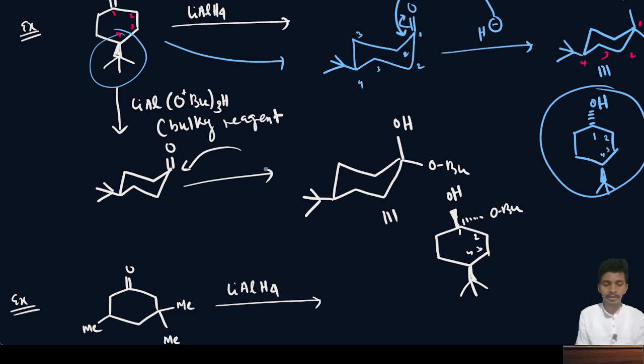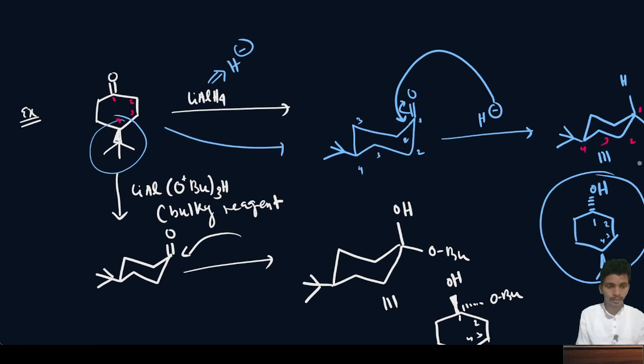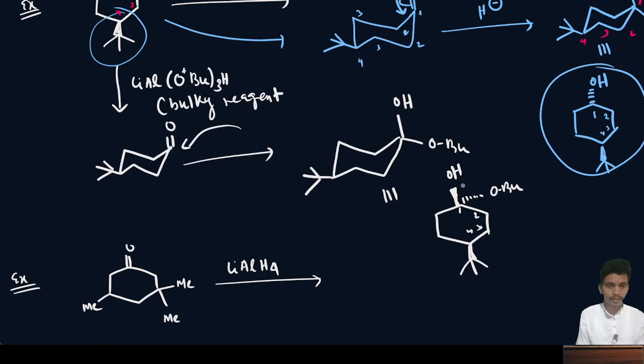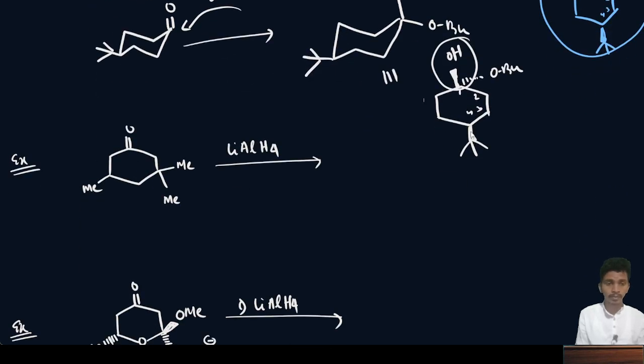If there is a bulky group, it will do equatorial attack, so that is on the below side here. Here we see that in this case the OH is on the below side, and in this case the OH is on the above side. This way the stereochemistry of OH is on these sides for this reagent, and for the other reagent it is on the above side. In this way we can solve the problems if stereochemistry is mentioned in the molecules. So we will move on to the next question.